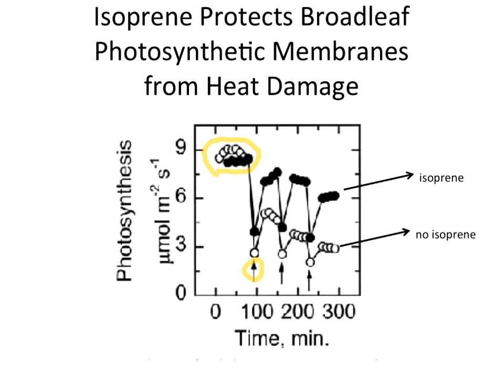But then once the heat is turned off, the control leaves returned to nearly their previous level of photosynthesis, while the leaves that were treated with an inhibitor of isoprene production basically only returned to about half of their previous level.